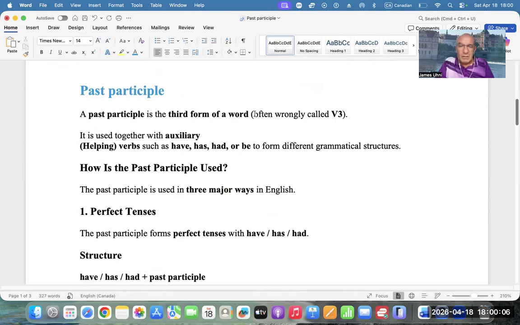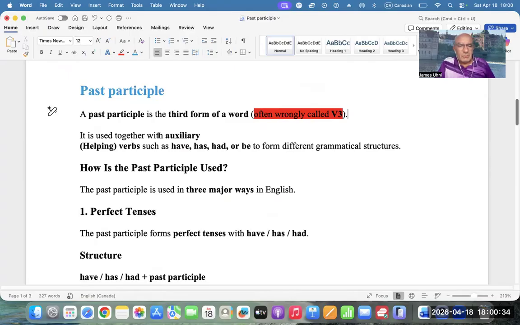So I will write this in a red color as this is absolutely no. Okay, there is not verb 3. Does not exist, even though it is in irregular verbs as verb 3. It is not verb 3, it's past participle.